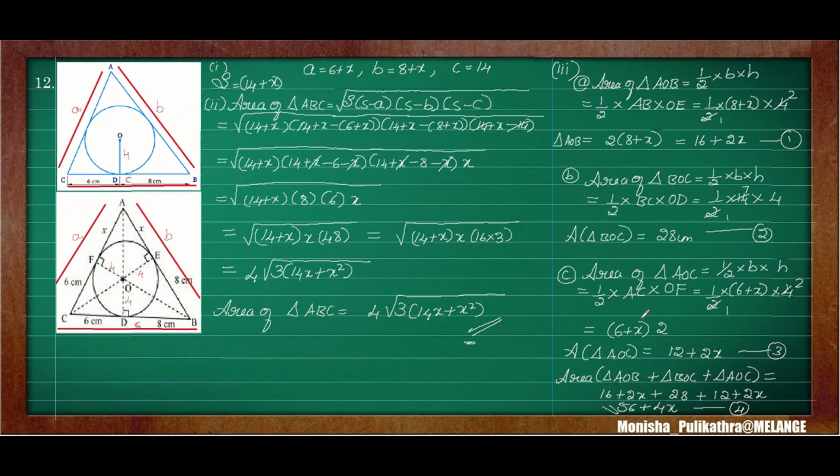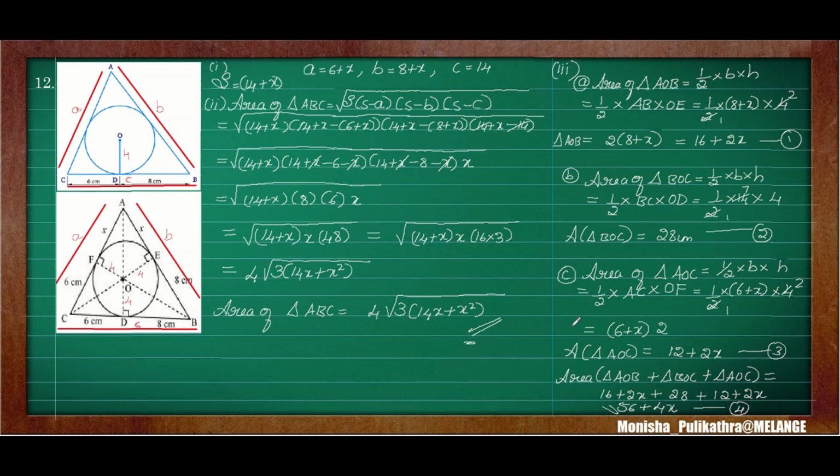So separately we have taken the areas of all the subtriangles. So the sum of all the subtriangles is equal to 56 plus 4x, whereas the area of the whole triangle is equal to this 4 root 3 14x plus x square. So the sum is not finished, we need to continue it.